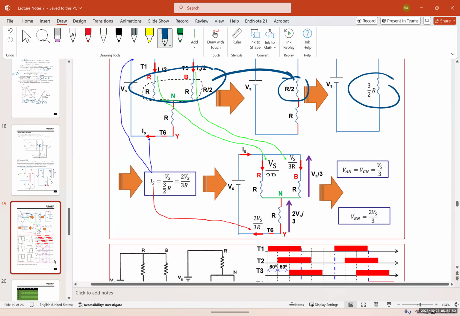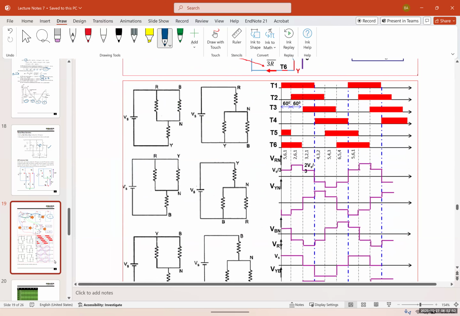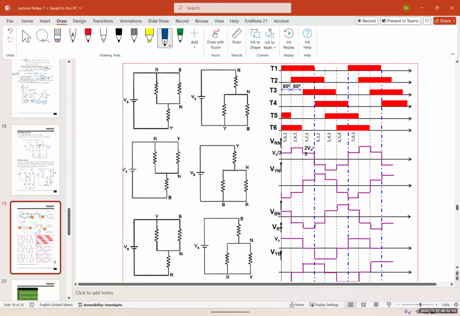This is for this example, when T1, T5, and T6 are on. But we can expand that for all the other switches.